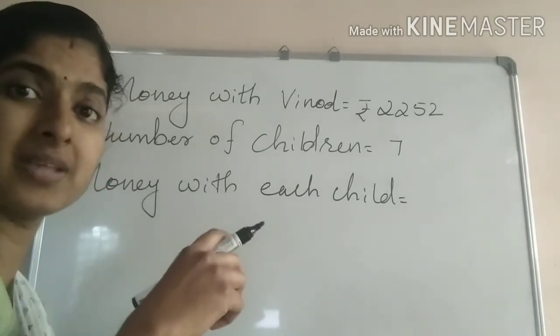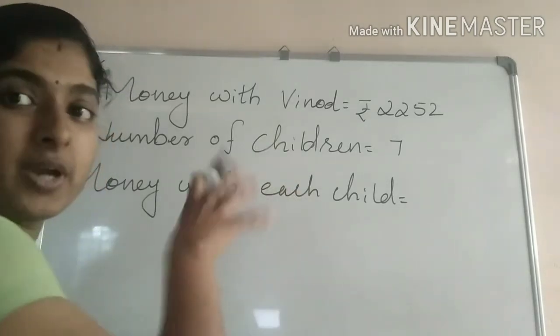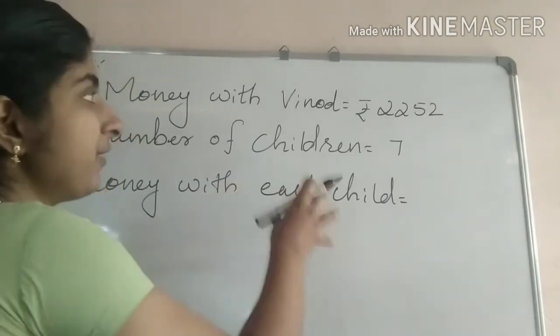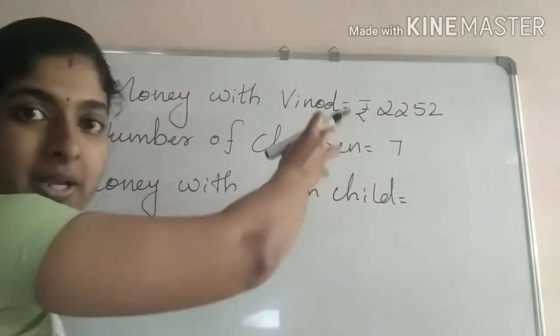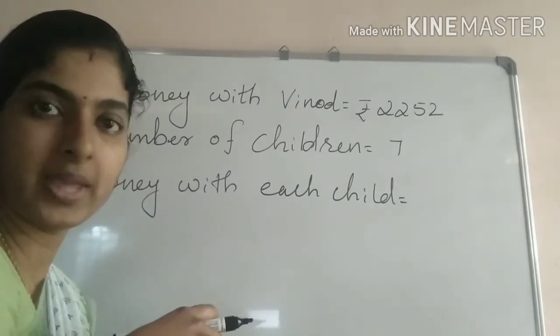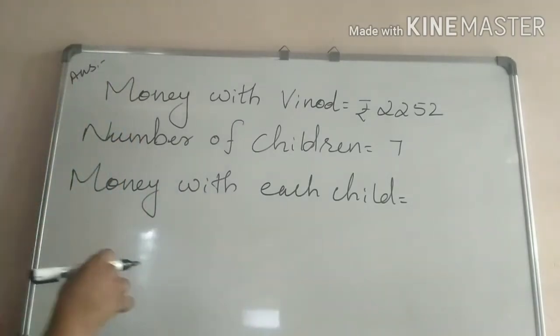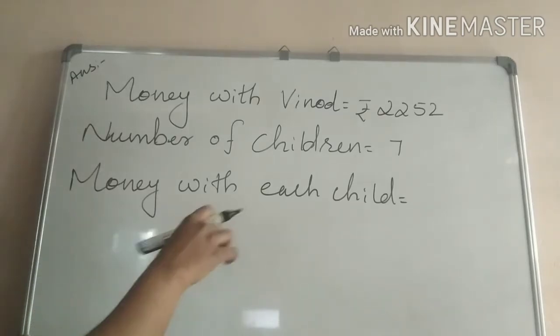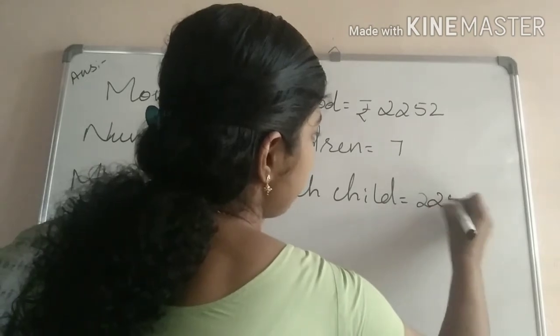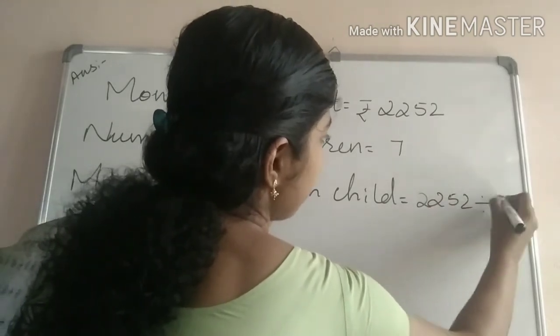In multiplication, one child is given and we have to find the total amount. Here, in division, the total is given and we have to find 1. So we have to find the money with each child: 2252 divided by 7.